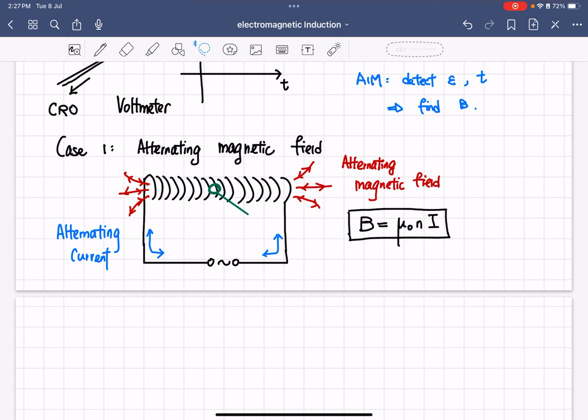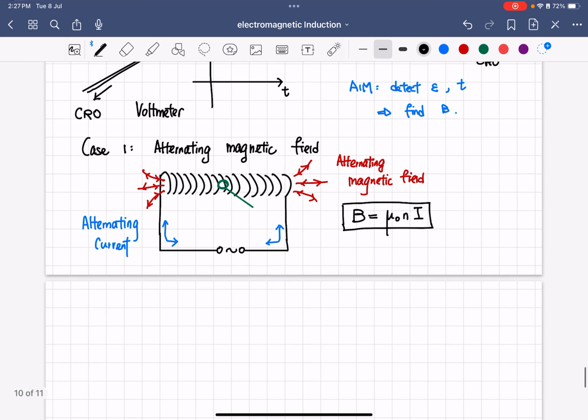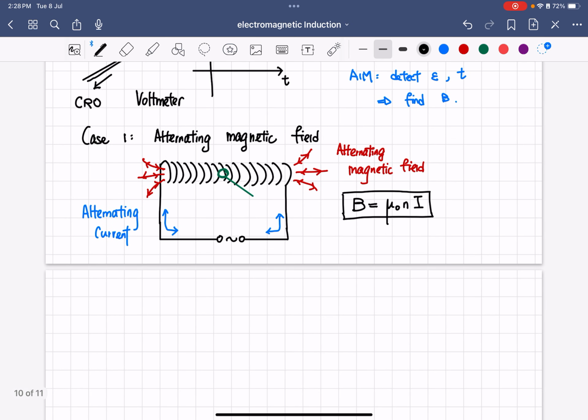Then the search coil will experience a changing magnetic field. Therefore, there will be an EMF induced in the search coil. The search coil would experience a magnetic flux linkage, which is given as N phi equals NBA cosine theta.